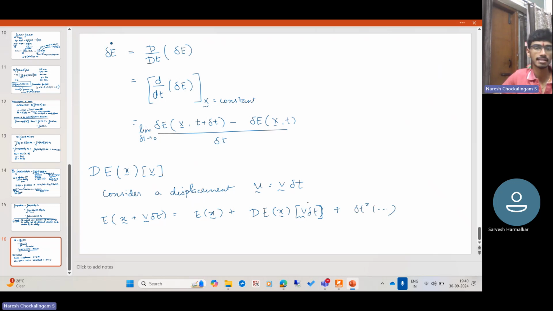And we said that the directional derivative is linear in the direction, so delta t comes out, plus delta t square times other terms.